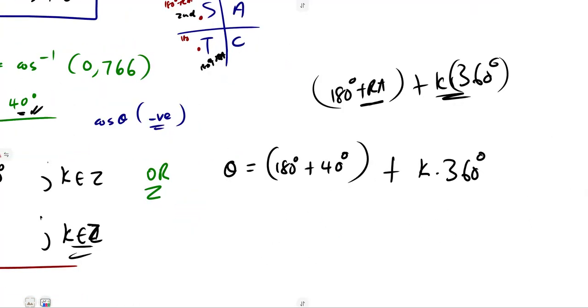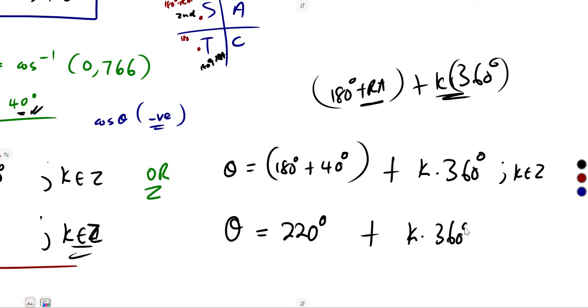We can simplify that: theta is equal to 180 plus 40, which gives us 220 plus k times 360 degrees, k being an integer.